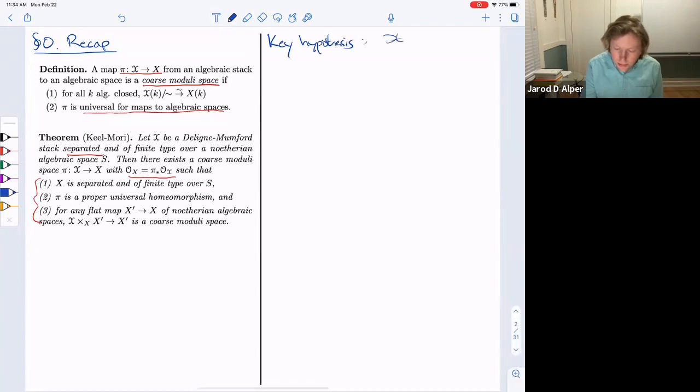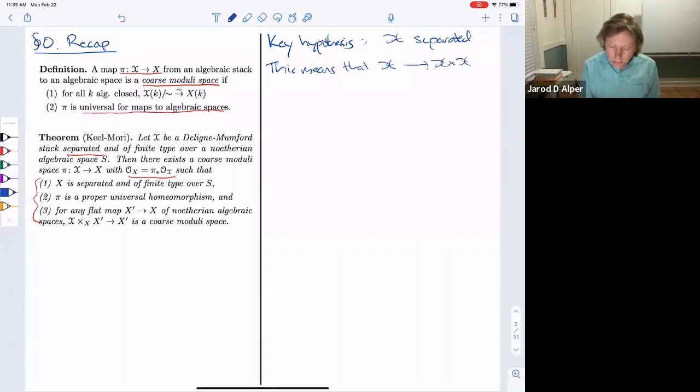That is, X is separated. Remember with our definitions, what that means is that the diagonal is proper. But since X is Deligne-Mumford, we already know that the diagonal is quasi-finite.